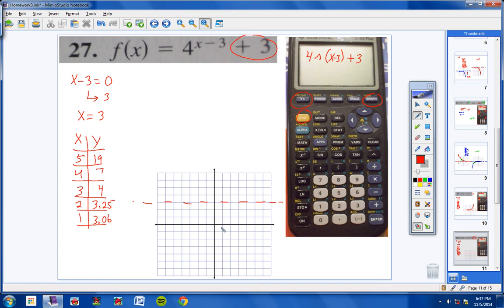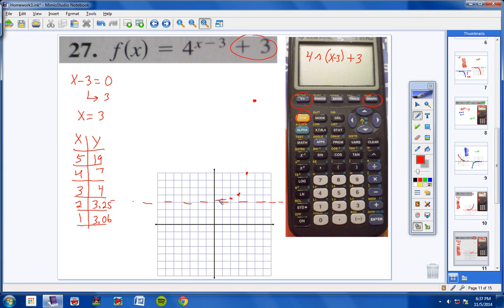Over 5, 1, 2, 3, 4, 5, way up here to 19 somewhere, not a big deal, not worried about that point. Over 4, up 7, 5, 6, 7 right here. Over 3, up 4, over 2, up 3 1/4, and then here.